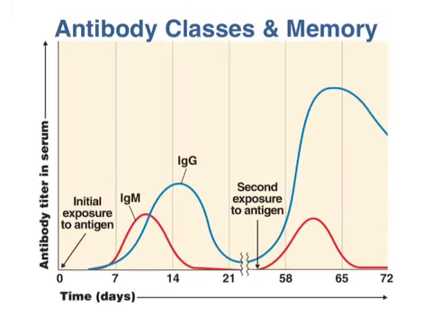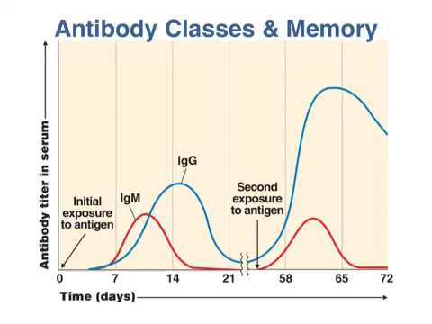Now, I mentioned that the first antibody class produced is IgM and that shifts to IgG over the course of an infection. Let me show you how that relates to memory. That's what this graph is showing you. The memory response to an antigen can be followed by looking at antibodies and looking at the specific type of antibody.